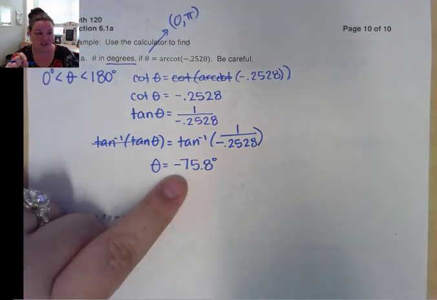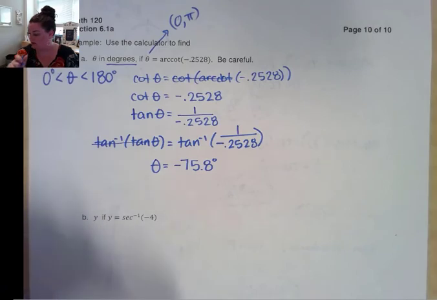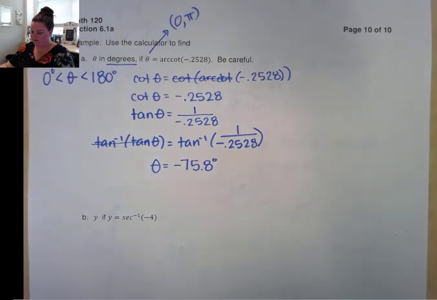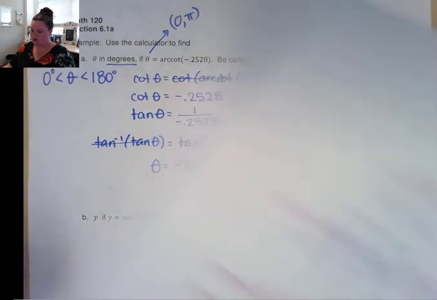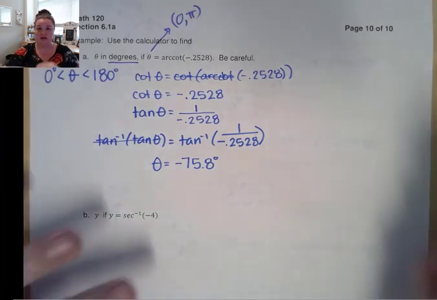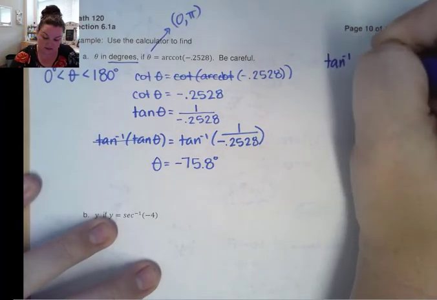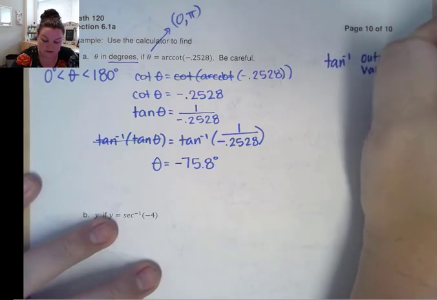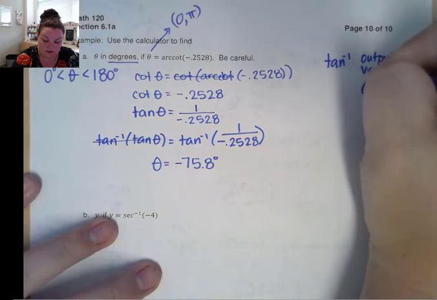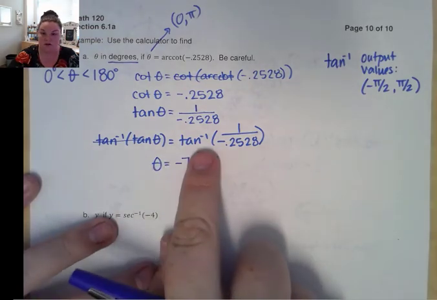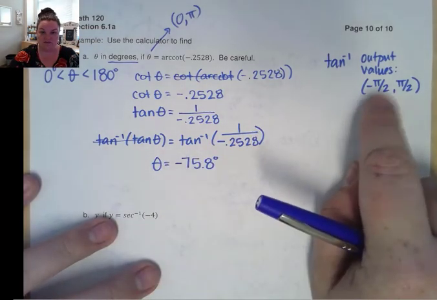Tangent values, if we look back over here, tangent inverse output values go from negative pi over 2 to pi over 2. We solved using inverse tangent. Are you with me?